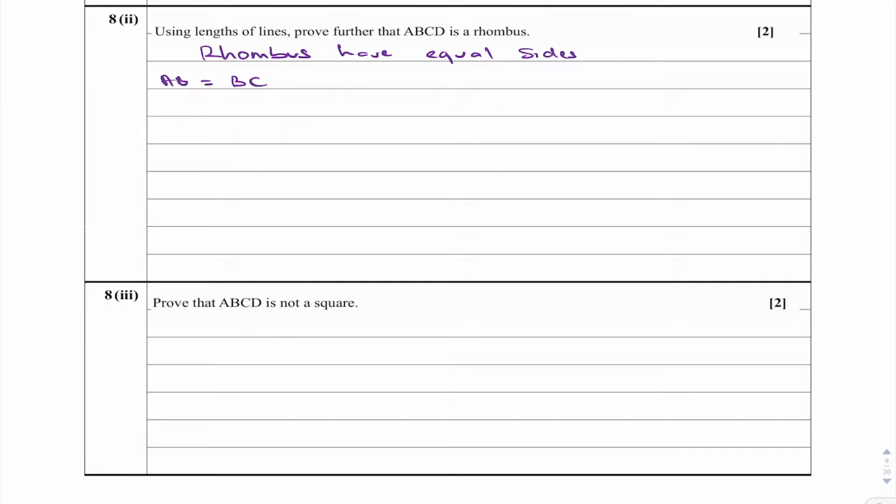So we could find AB, which equals the square root of y2 minus y1 squared plus x2 minus x1 squared.